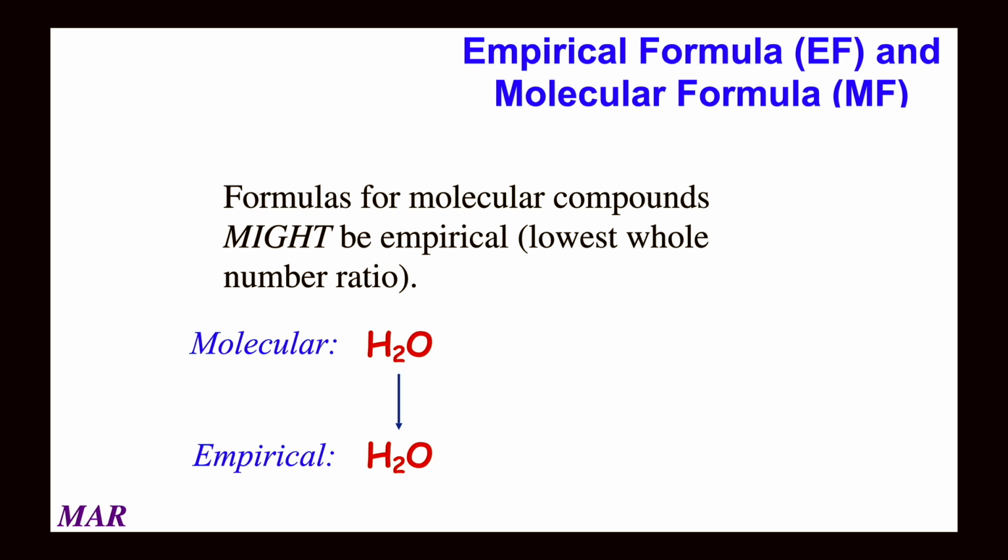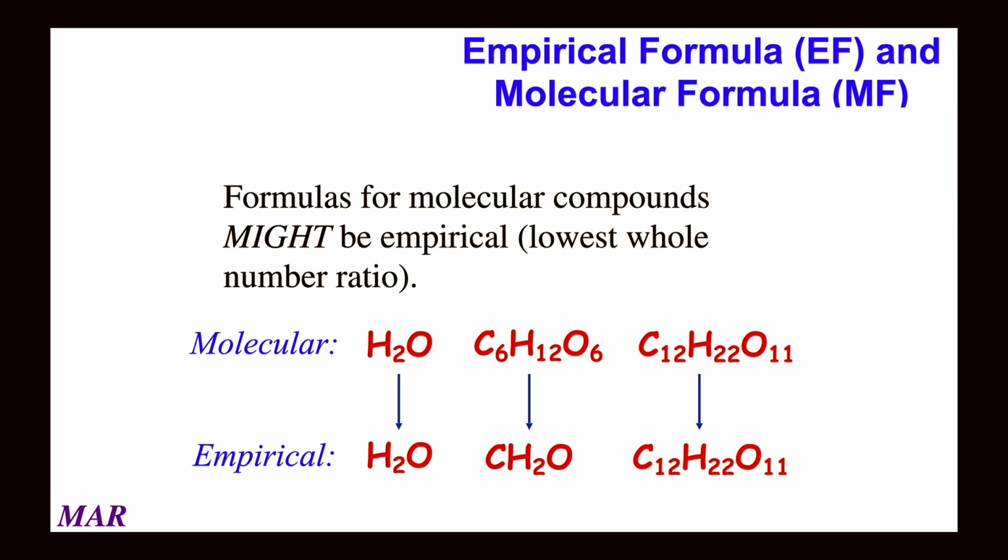You can't break water, H2O, down any farther. However, C6H12O6 is a type of sugar, and this one now does have an empirical formula. If you pull 6 out of the C, H, and O, you can see you'd be left with 1 C, 1 O, and 2 H's. We would say that CH2O is the empirical formula of C6H12O6. Again, it's the smallest whole number ratio of atoms in a molecule.